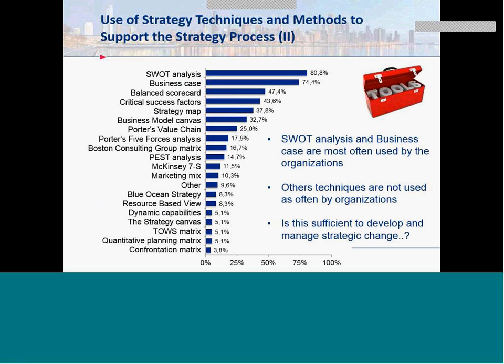As for techniques, about 1% use the SWOT analysis, while 6% use the business case. The business model canvas is used by about a third of the respondents. The more like value chain and the five forces are still only 20%, so one fifth, and then usage goes down really fast. The business case is most often used, and other techniques are not used as often.